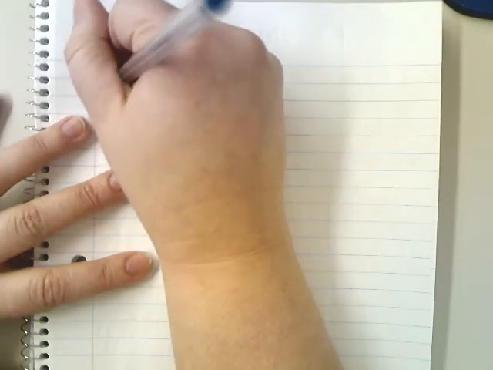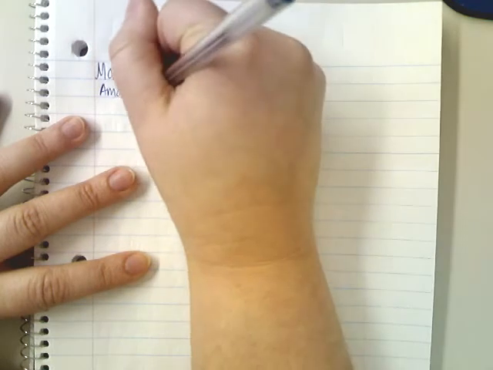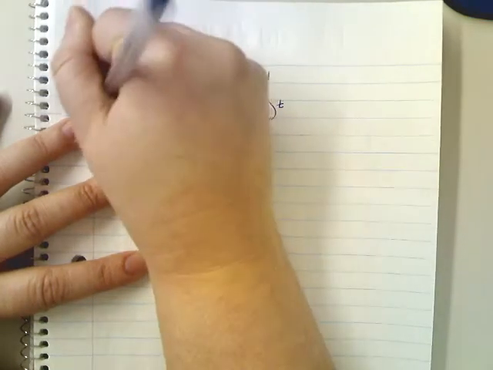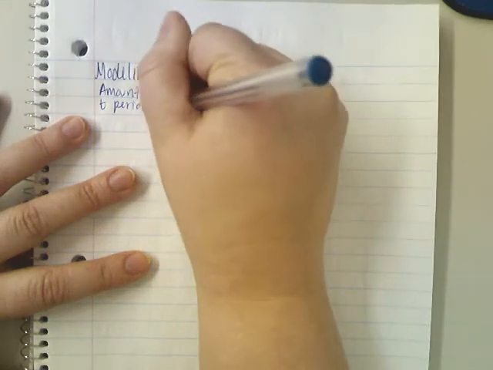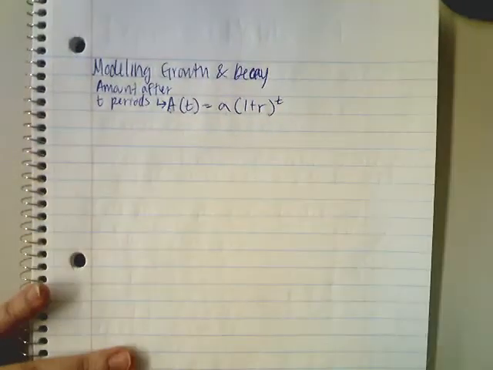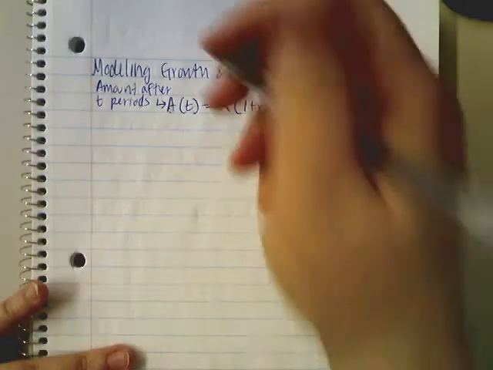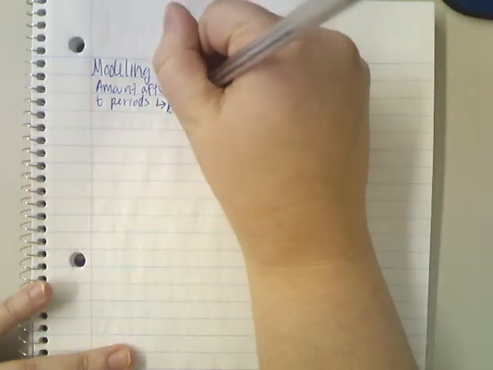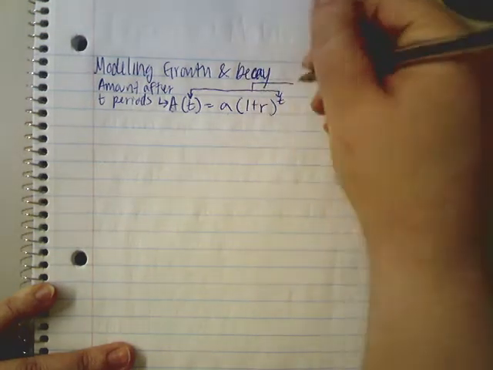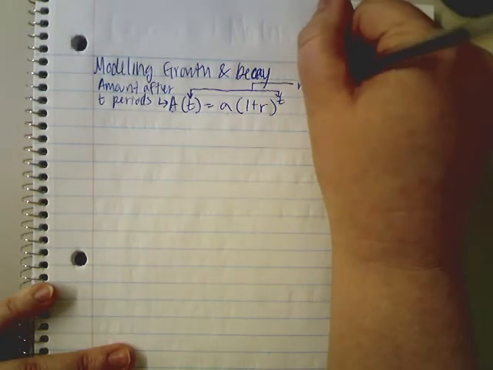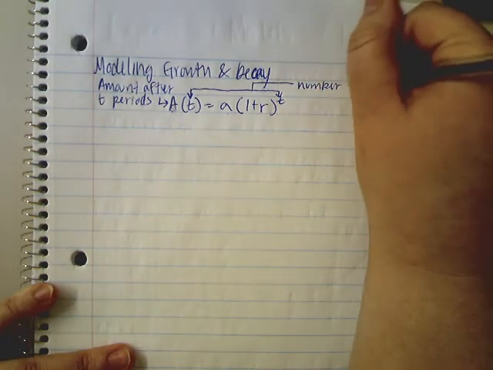So first thing, capital A is the amount after t periods. So we're going to be working with time here. So our capital A value represents the actual amount after t periods. T, as you might guess, represents the number of time periods.